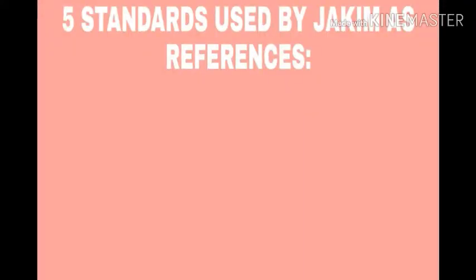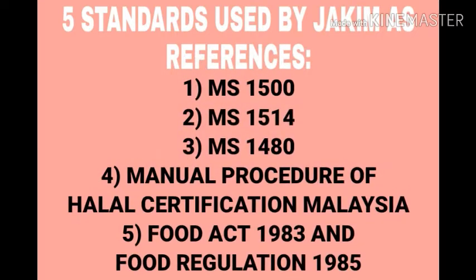Now, let's proceed to the next subtopic, which is the standards used by Jakim as references when issuing the halal food certificate. There are 5 standards used by Jakim, which are MS 1500, MS 1514, MS 1480, Manual Procedure of Halal Certification Malaysia, Food Act 1983, and Food Regulation 1985. We will elaborate more about the first 4 standards.